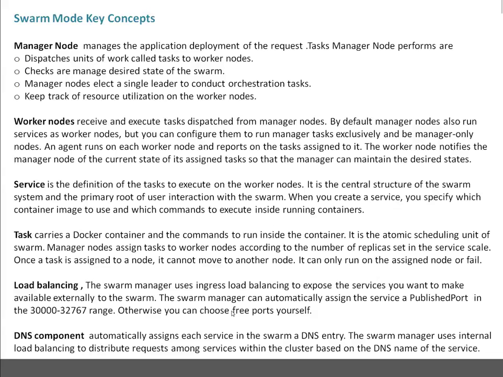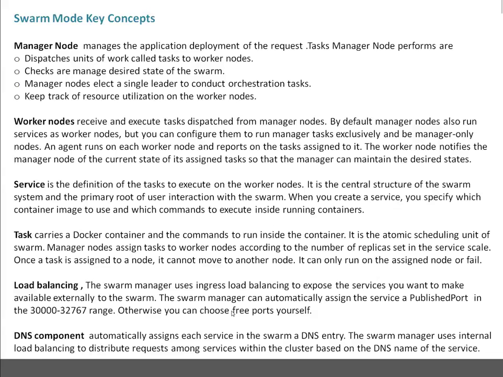By default, manager node also runs services as a worker node, but you can configure them to run manager tasks exclusively. So I'm repeating, manager node itself acts as a worker node too, but you can change the definitions. You can perform tuning where you restrict the manager node from acting as a worker.